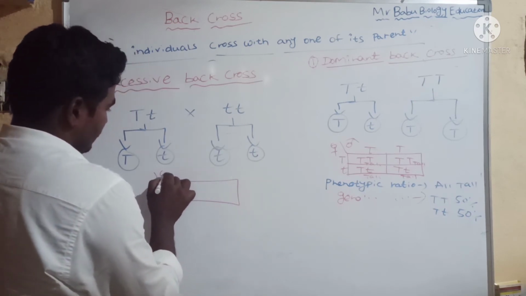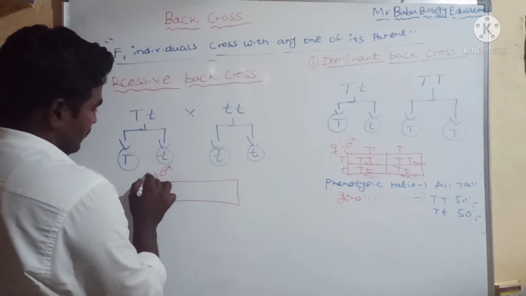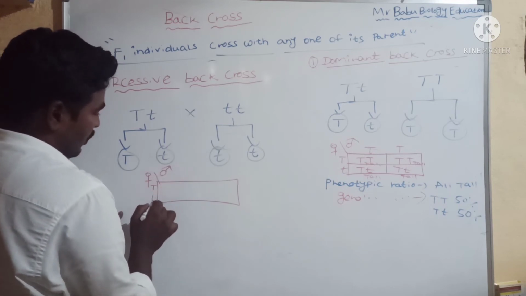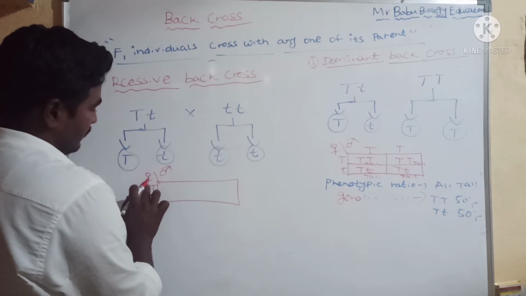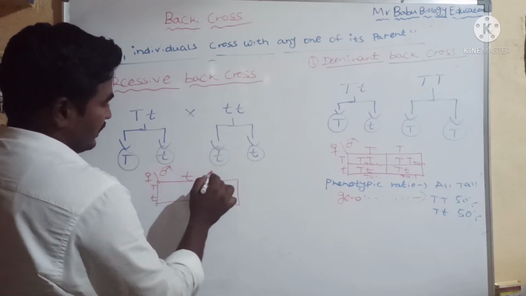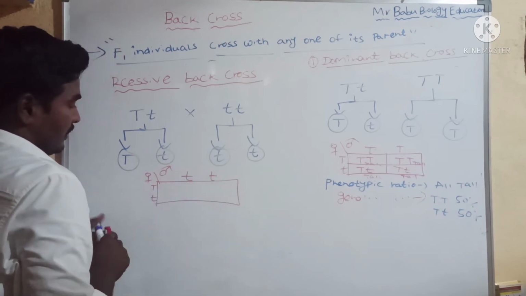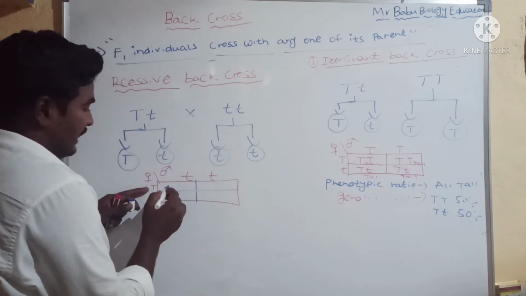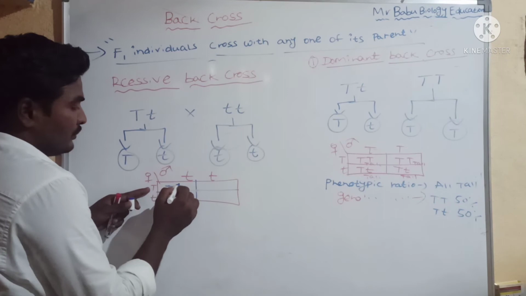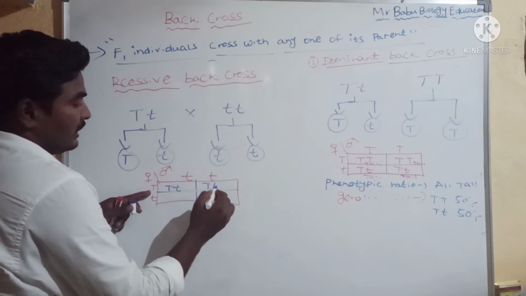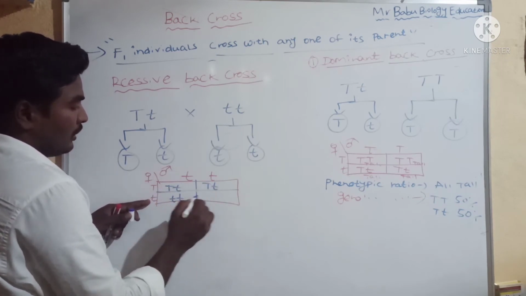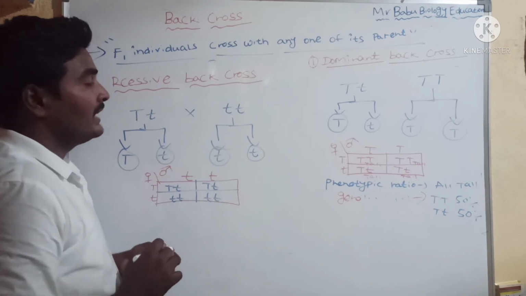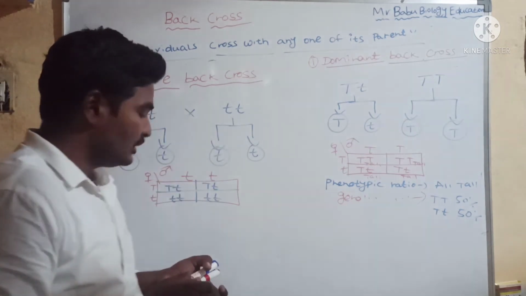Now I am writing the Punnett square here: capital T and small t, and here small t and small t. Capital T fuses with small t, giving capital T small t, small t small t, capital T small t, small t small t. So what is the probability, phenotypic and genotypic?